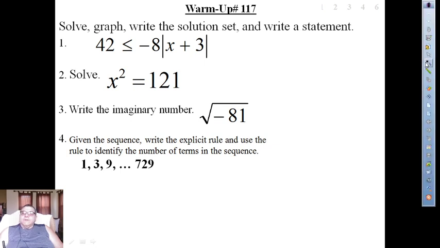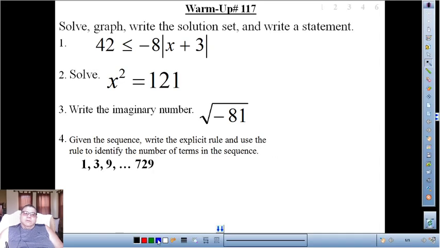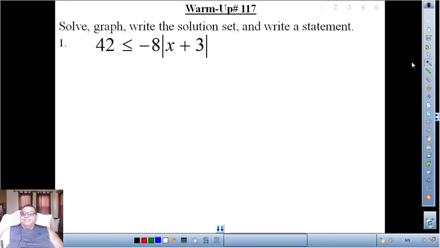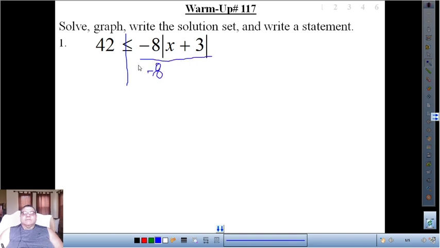All right, so let's go over number 1. We need to solve this inequality. I need to isolate the absolute value, so I divide by negative 8.